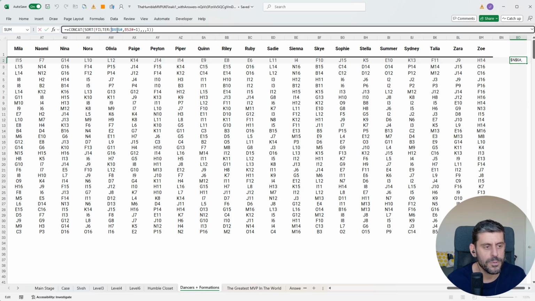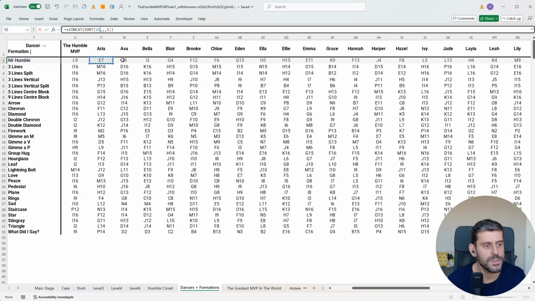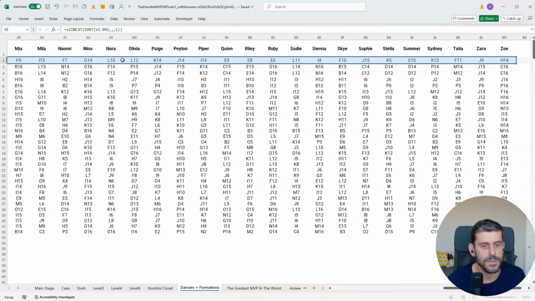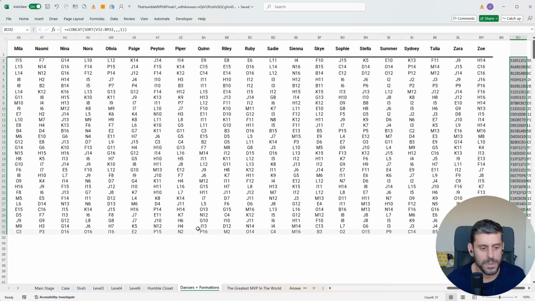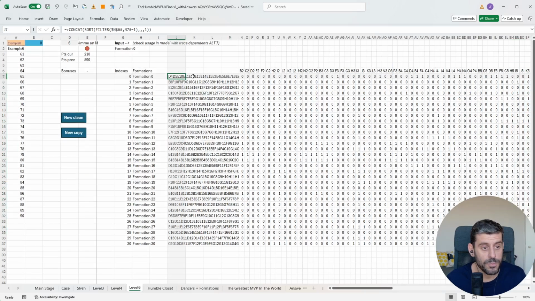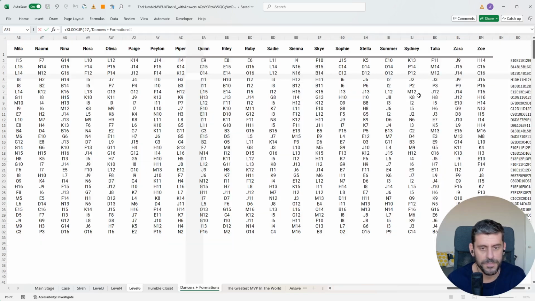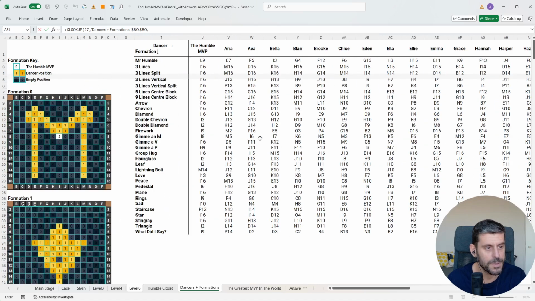Because I could actually sort this stuff. And it should be a simple XLOOKUP. So XLOOKUP to here, lock, returning from here.